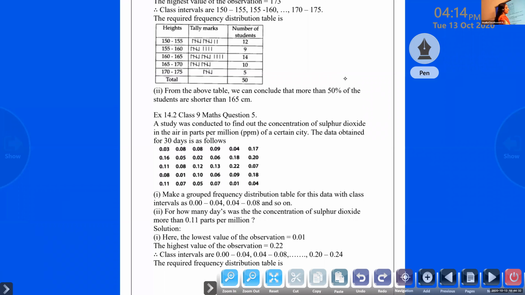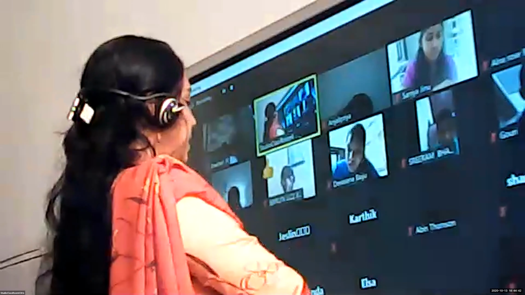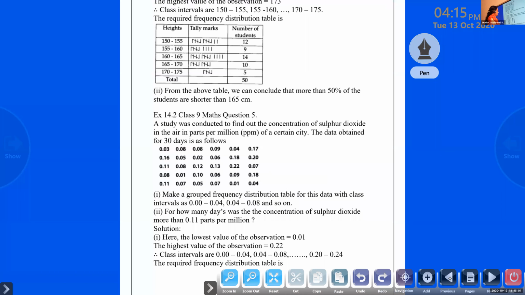I'll show the answers. Check whether you got the same answer. How many of you got the correct answer? I'll show the screen again. You did not write the question.